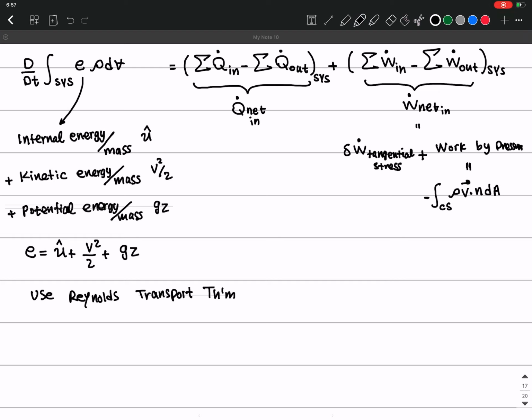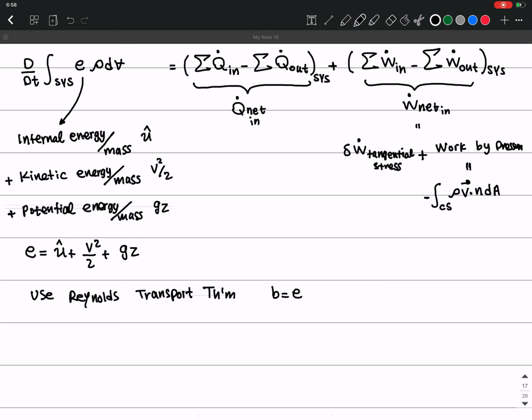If you remember, we had dB system over dt equal to the integral over the control volume of rho b dV plus the integral over the control surface of rho b V dot n dA. Now instead of b, we just set E and write this down.